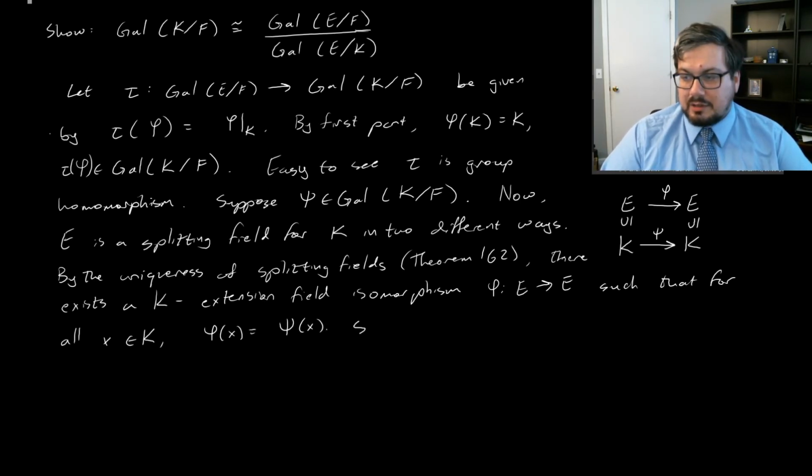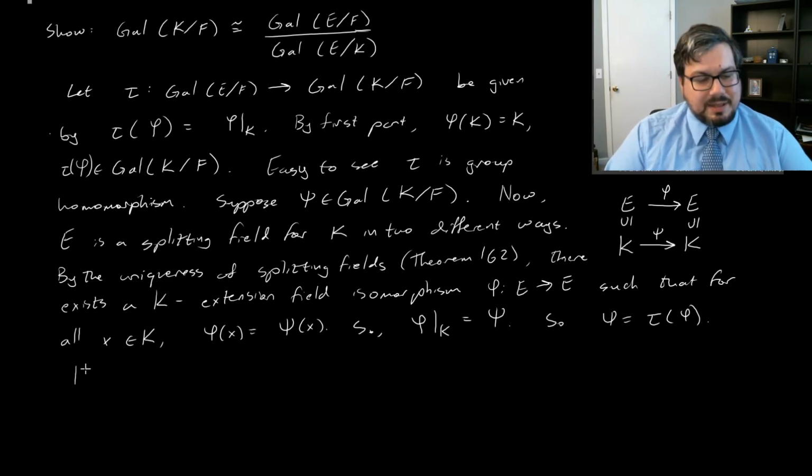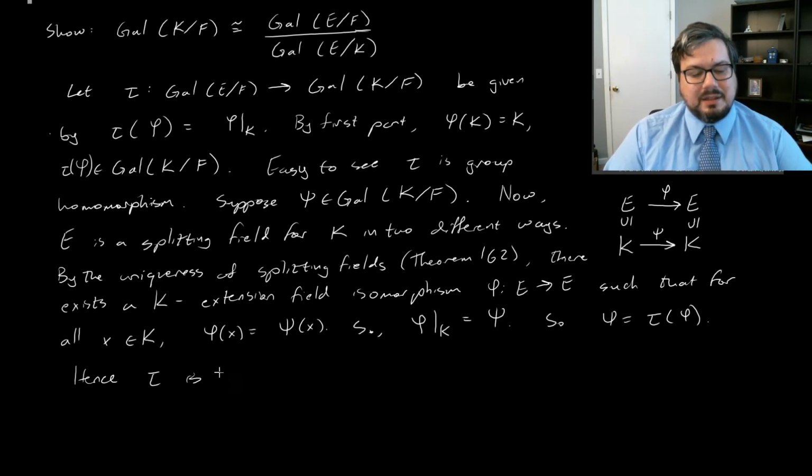In particular, this means that phi restricted to K is equal to psi. So that means that psi is equal to tau of phi. So hence tau is surjective.